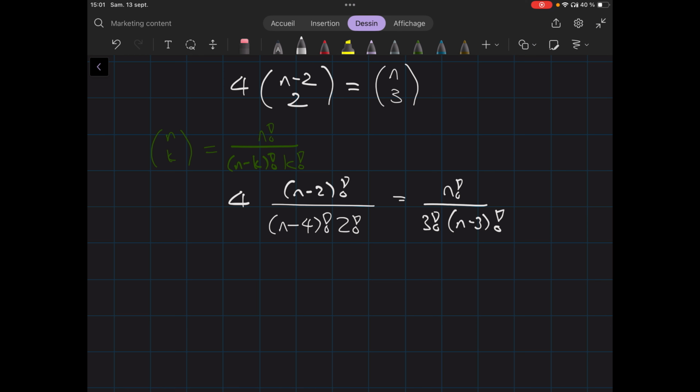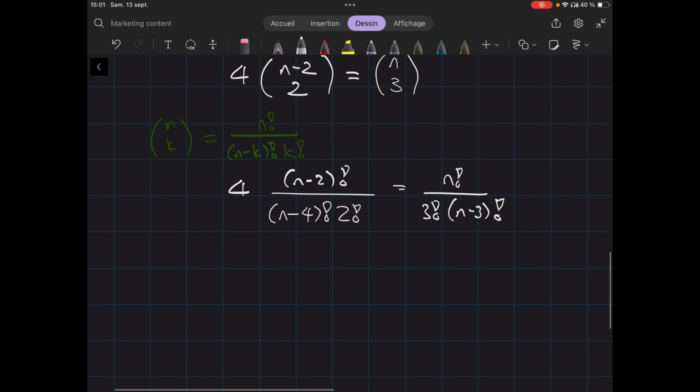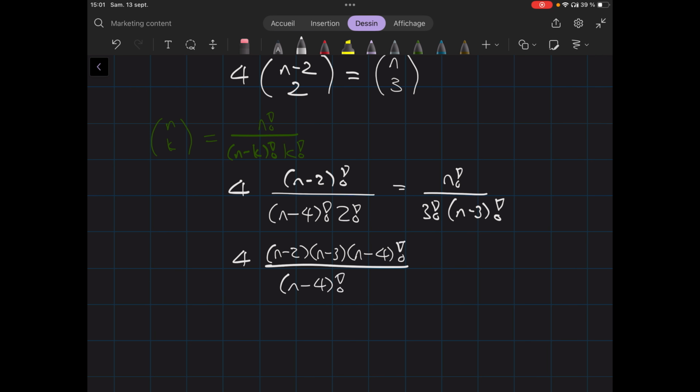n minus 2 factorial divided by n minus 4 factorial. We can roll out one term at a time to simplify this factorial expression. n minus 2 factorial is equal to n minus 2 times n minus 3 times n minus 4 factorial. This will allow us to cancel out the factorials.